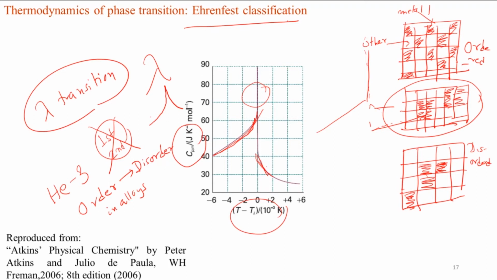Now let us summarize this part. In lecture 6, we talked about phase transitions in general. We started with the concept of phases, phase boundaries, and many other parameters. Most importantly, the chemical potential, a thermodynamic quantity defined as the Gibbs free energy per mole.